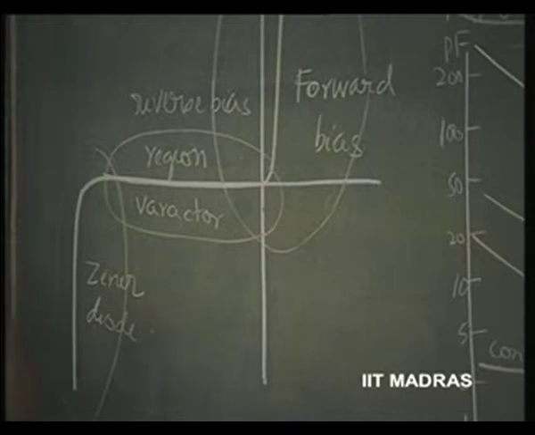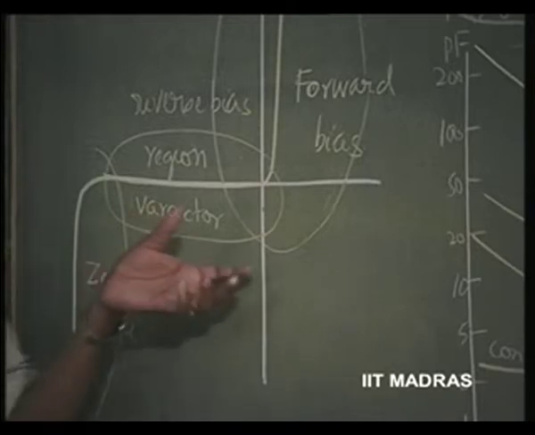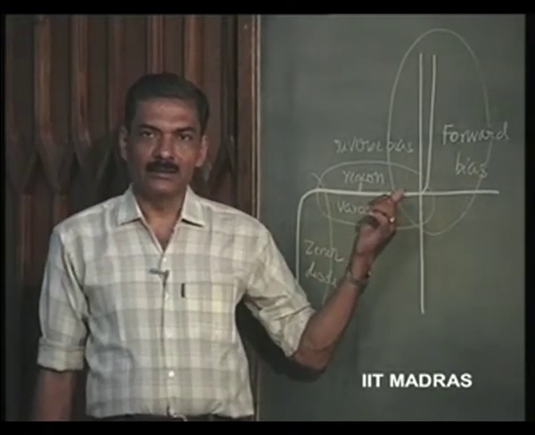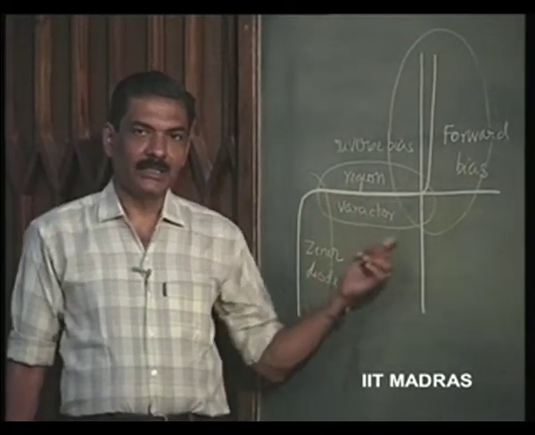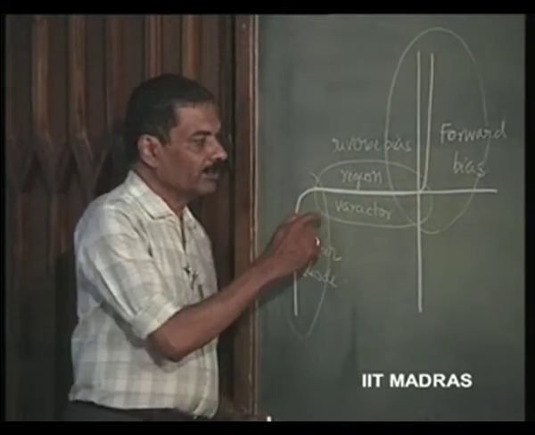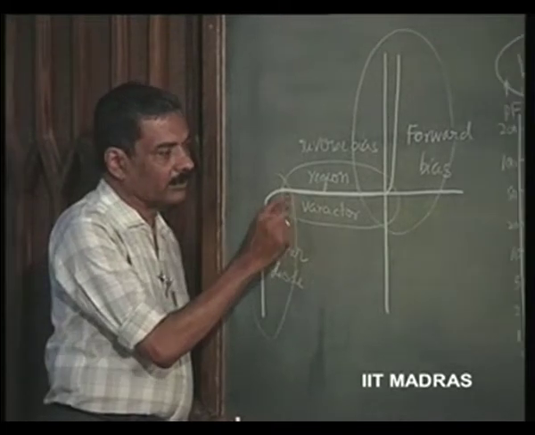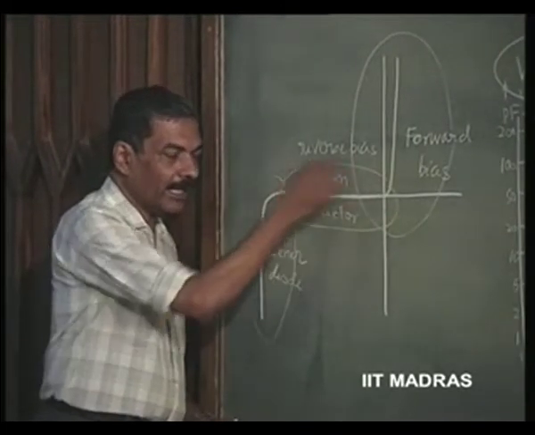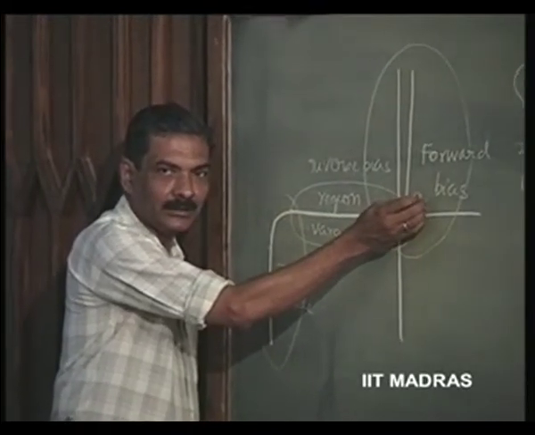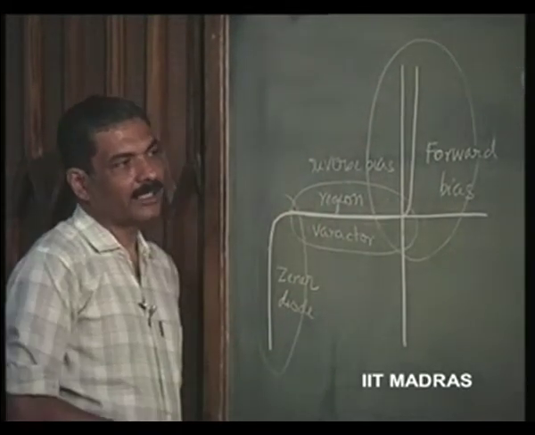For rectifying a high frequency waveform, you must never use a power diode, because it is going to still conduct because of the capacitance. Therefore, this kind of thing we should be very careful about. In this region where it is neither breaking down nor going to the forward region, when it is biased properly, it can be used as a capacitor.